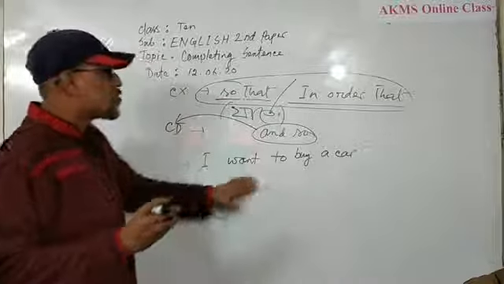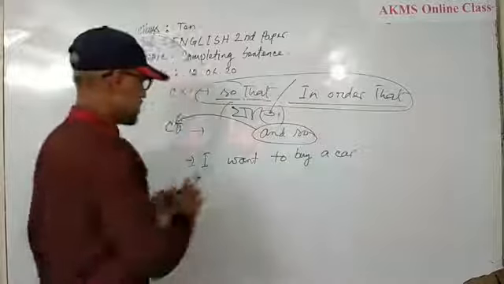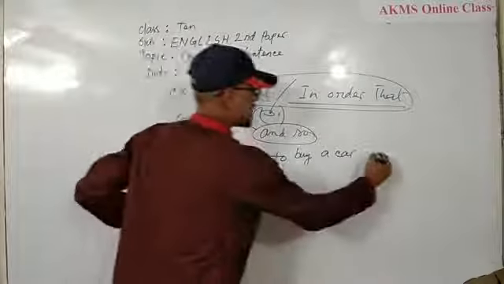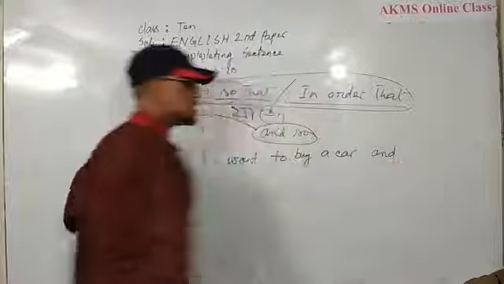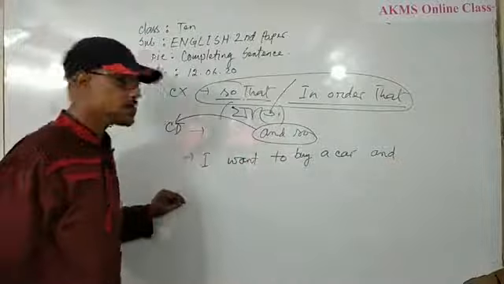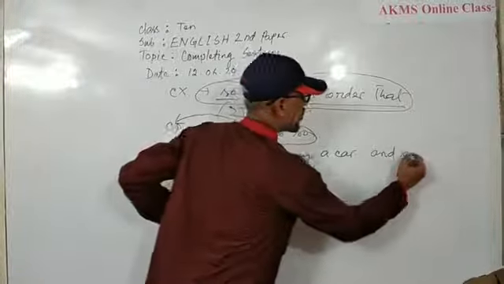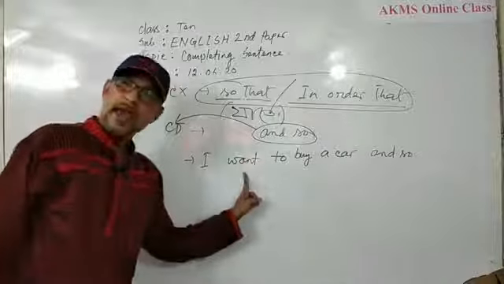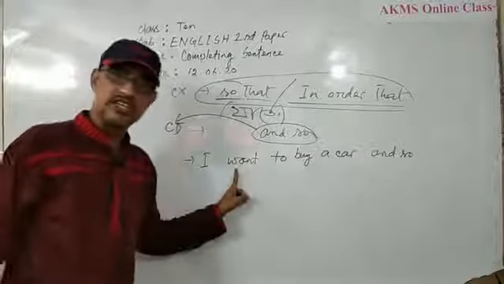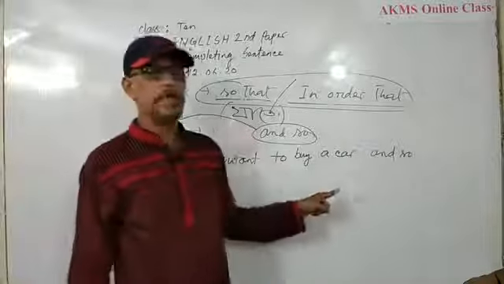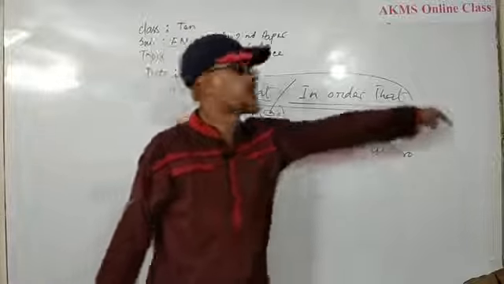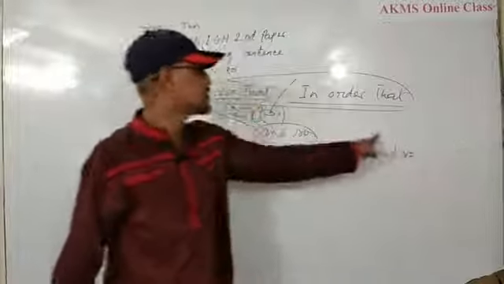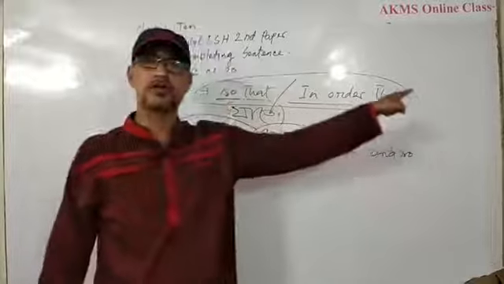And for that reason, what I have done? I want to buy a car. If the writer uses only and, you should use so. Because an aim or an objective will be combined with the action with the use of the conjunction and so.